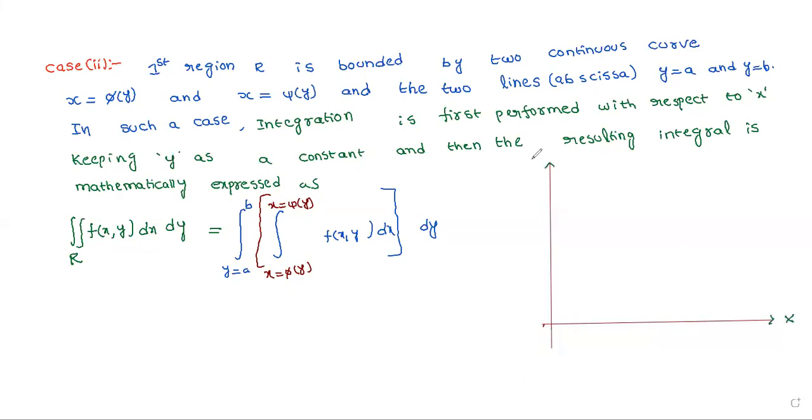X-axis and y-axis. So draw: y equal to a is parallel to the x-axis. y equal to b is also parallel to the x-axis.